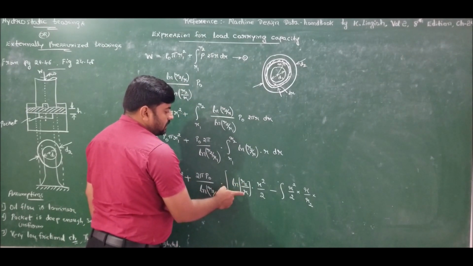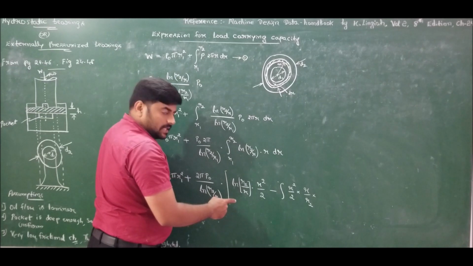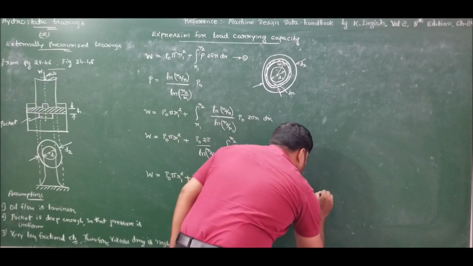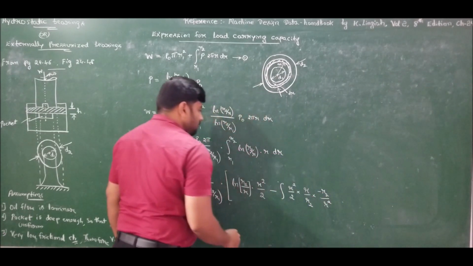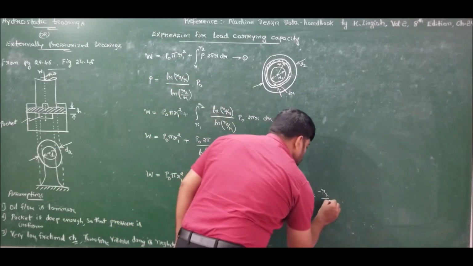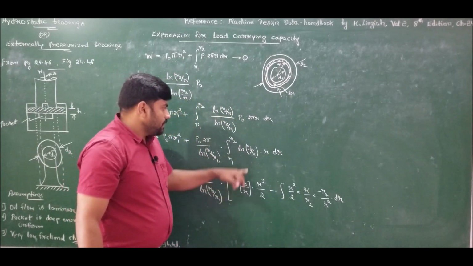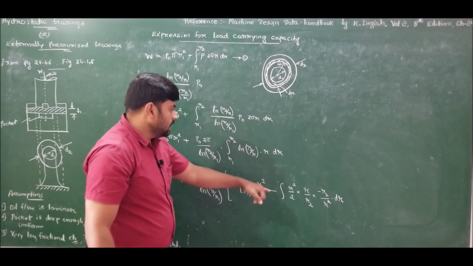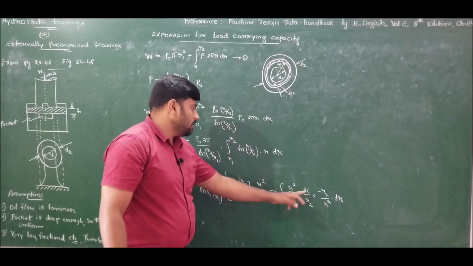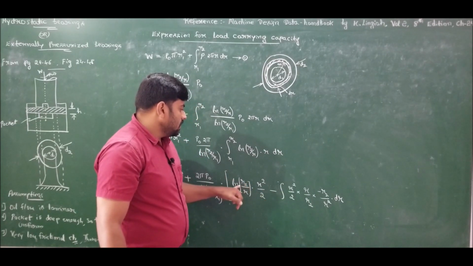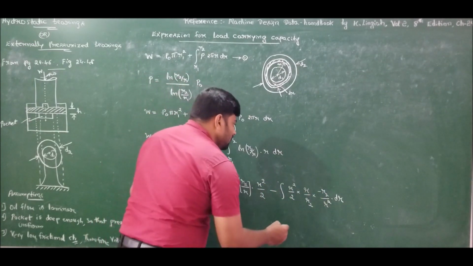I am differentiating with respect to x, so the differentiation of 1 by x is minus 1 by x square, so therefore I will get minus r2 by r square dr. First function integral of second minus integral of integrated second times the derivative of first. Derivative of first is this one. Log x is 1 by x and y by x is minus y by x square. Correct.